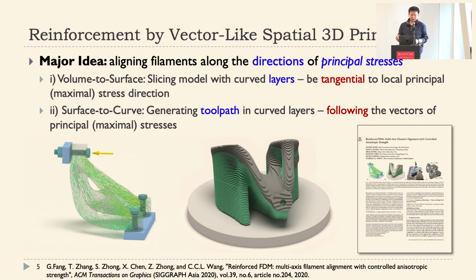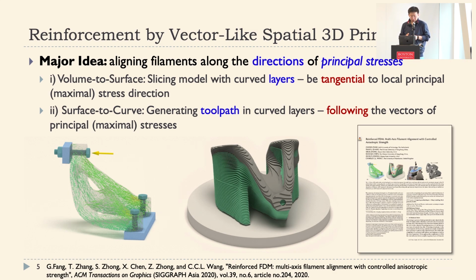With that tensor field, we are able to extract the maximum stress directions. Ideally, you need to generate a curved layer which follows this maximum stress direction, which makes it easy to generate filaments along it.